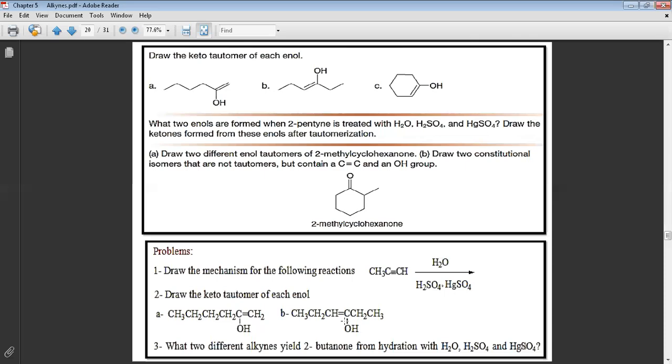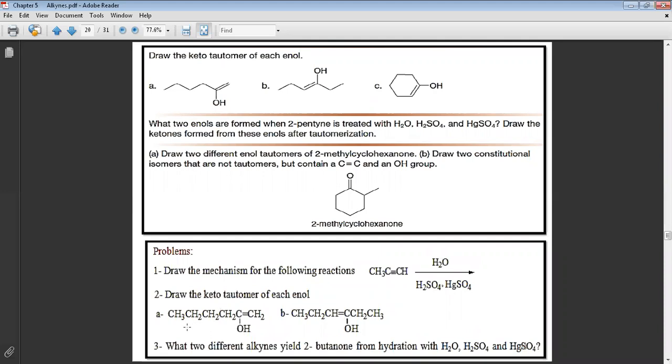So easy. The final one, number 3: what two different alkynes yield butanone, a ketone, from the hydration reaction? That means I want you to draw 2 different alkynes.